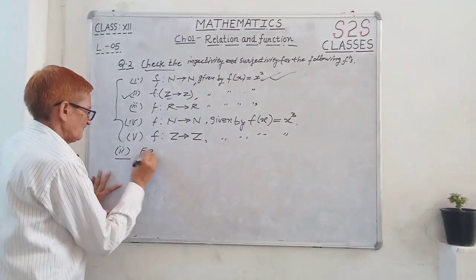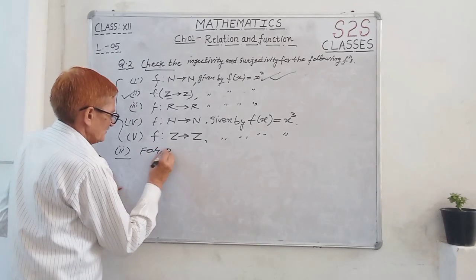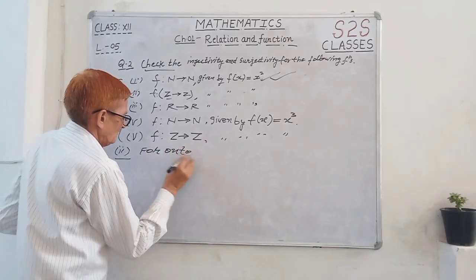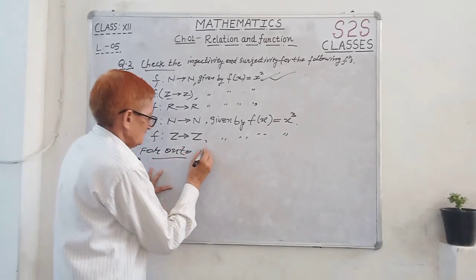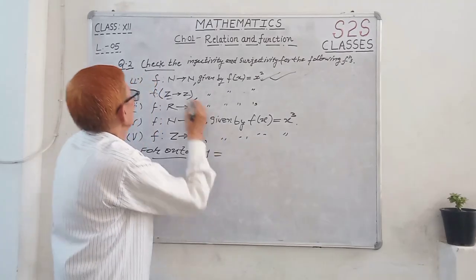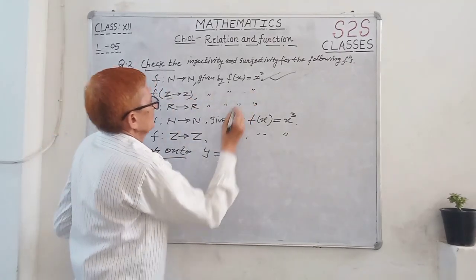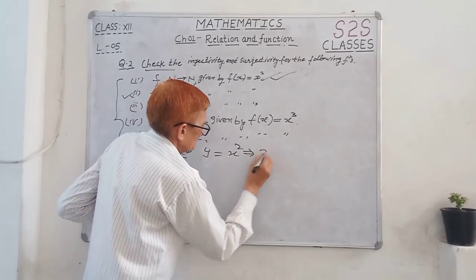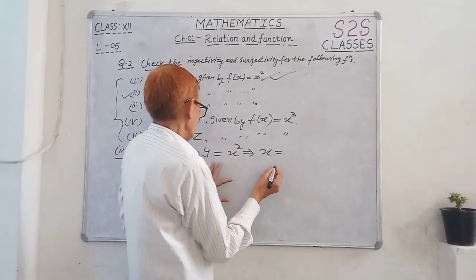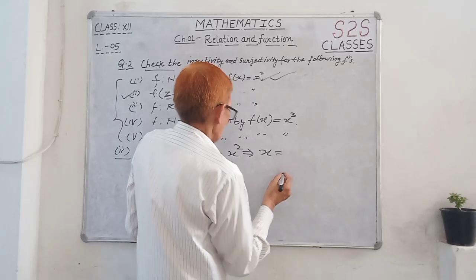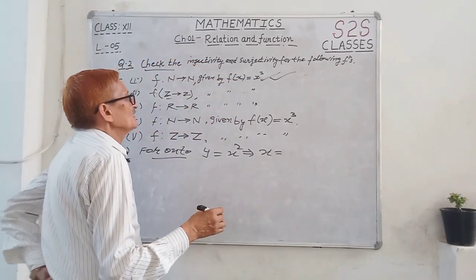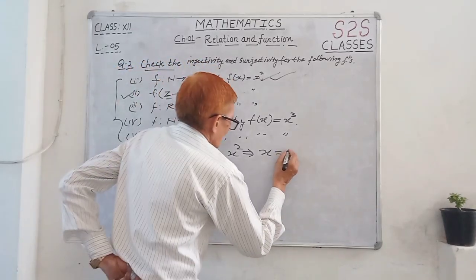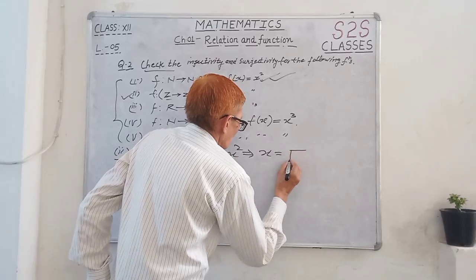For the second part, y is equal to x square. This implies x is equal to root of y.